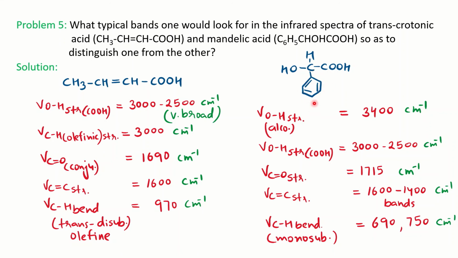So you will have very characteristic and strong peaks in the range of 690 and 750, two sharp peaks for a monosubstituted aromatic ring. In that way, you can confirm that you have the aromatic mandelic acid, and it gives the characteristic IR spectrum. The very characteristic peak is the alcoholic OH, which is absent in the crotonic acid.